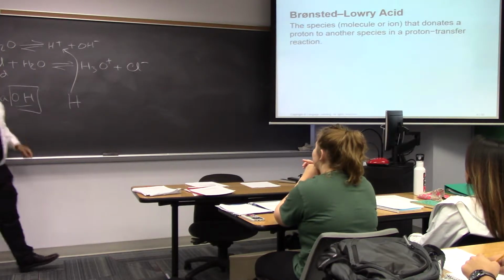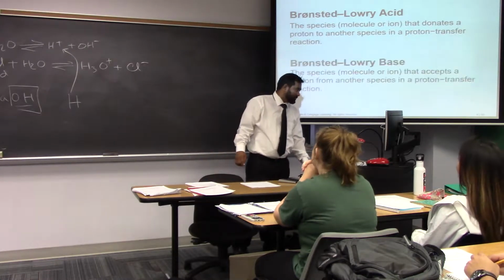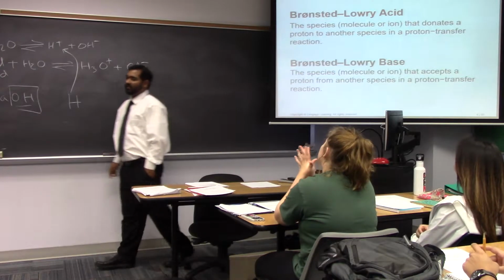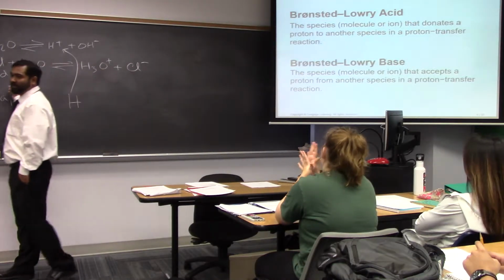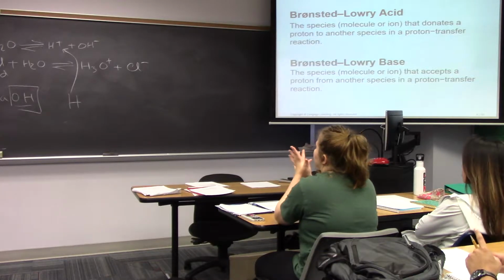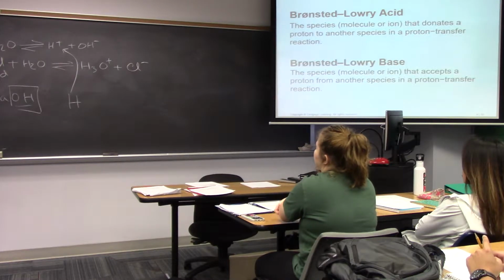And a base is any compound that can accept a proton. That's called base. Bronsted did not go with the OH formula. His idea is that any compound that has the ability to accept a proton is called base.